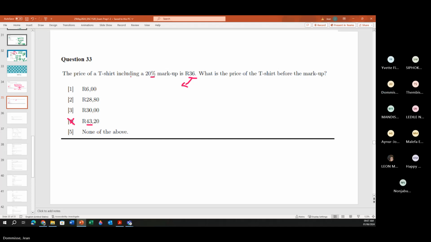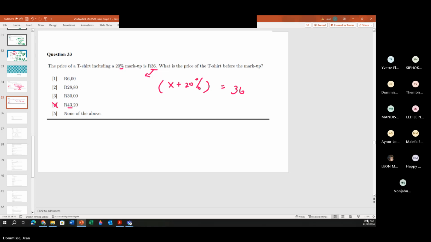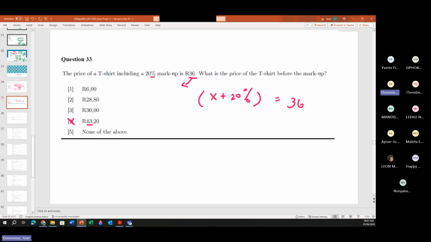Okay, so X, including a 20% markup, is equal to 36. Is this what you would have done as well?